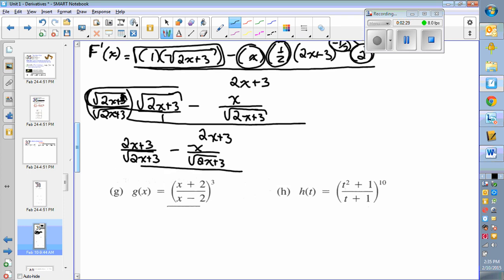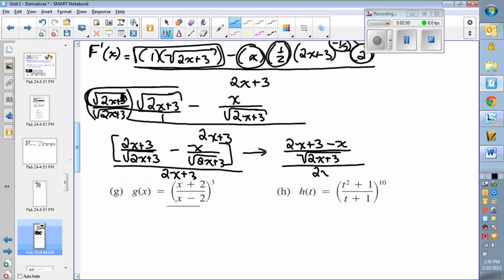And that whole thing is still over 2x plus 3. You can now combine those together and get 2x plus 3 minus x over the square root of 2x plus 3, all over 2x plus 3.